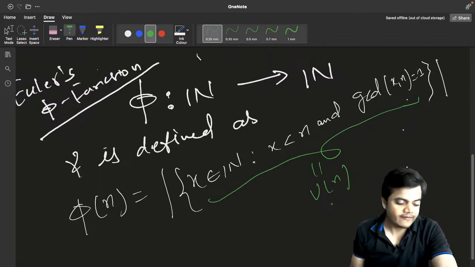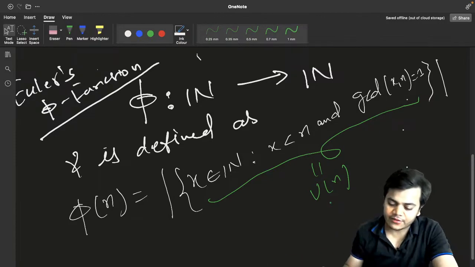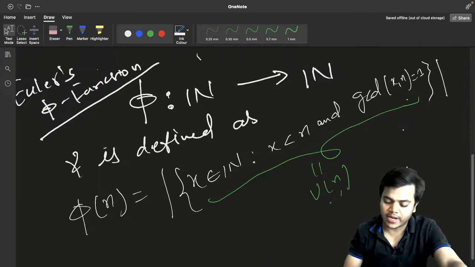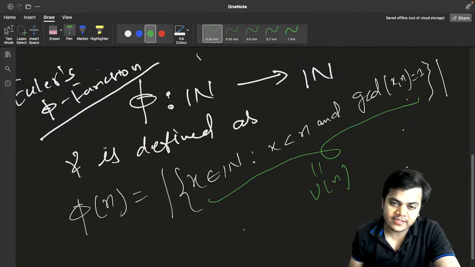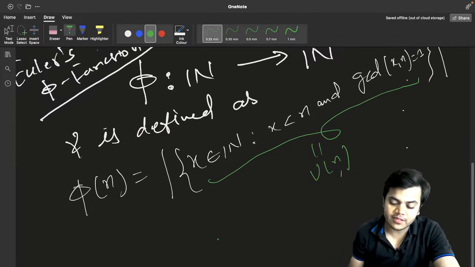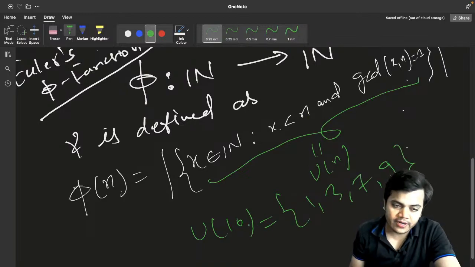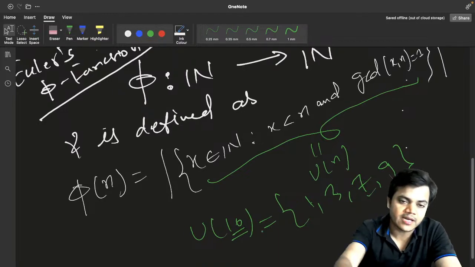Many definitions will be discussed over here. For example, if we discuss U10, what all will come in U10? The x less than n that are coprime with 10. 1 is coprime, 2 is not, 3 is, 4 is also not coprime with 10, as the GCD of 4 and 10 is not 1. 5 is also not, 6 is also not, but 7 and 9 are. So there are 4 elements over here.